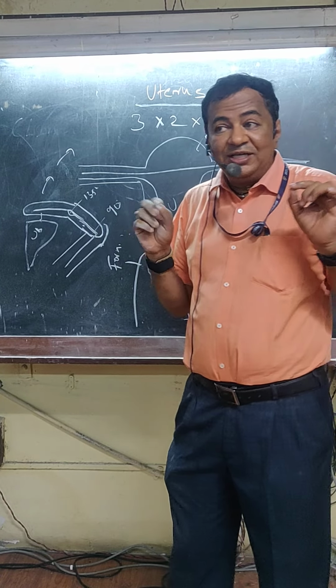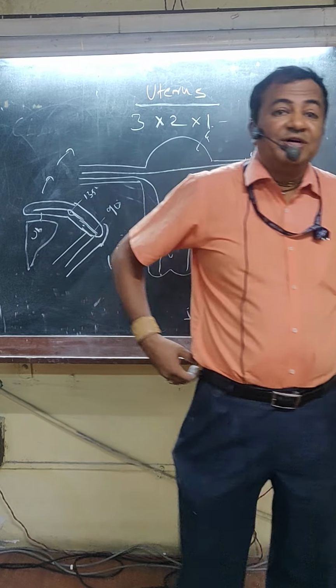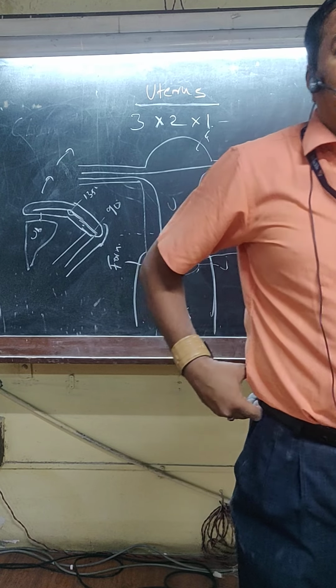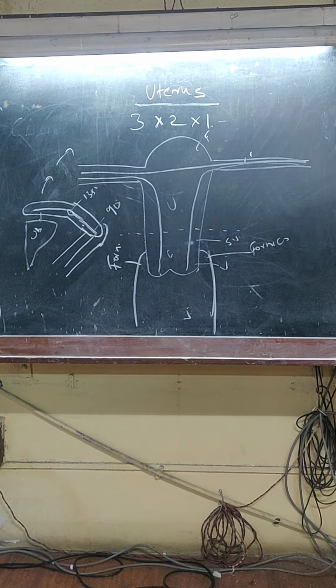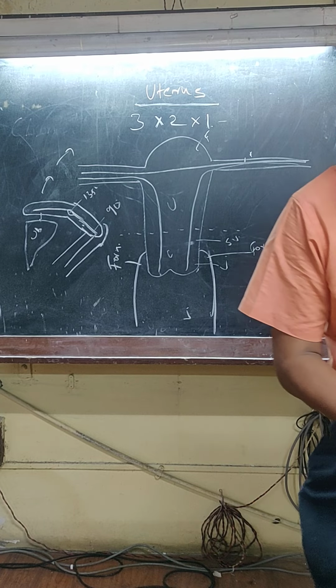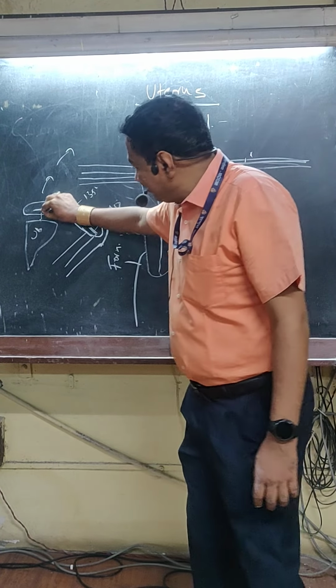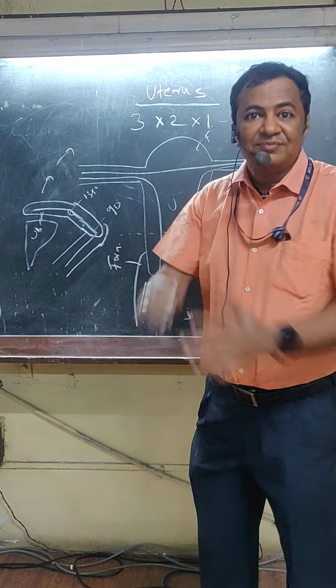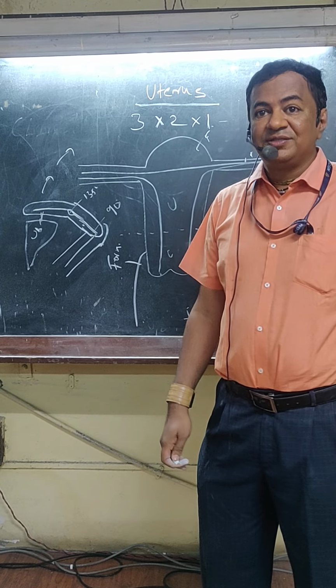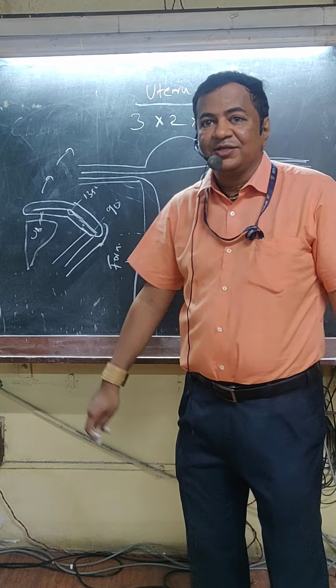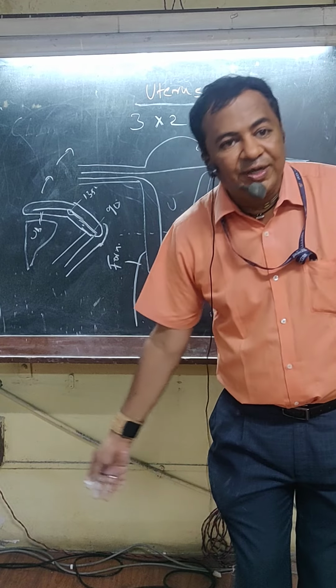So in those initial few months, the female suffers from frequency of micturition. She feels she wants to pass urine because her bladder gets continuously irritated by the uterus. Because of this anatomy, she goes to the toilet and tries to pass urine with nothing.